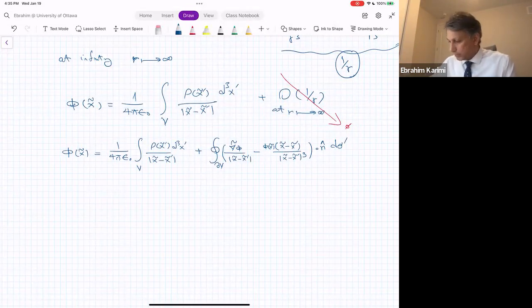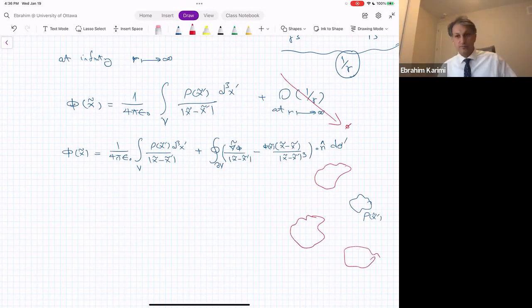So assuming that I have a certain charge distribution, now I do have certain boundary conditions here. I have different objects. I may have this cup, which has a certain charge distribution.